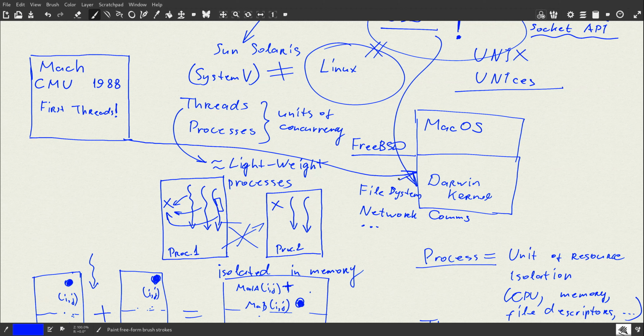So to be a little bit more precise, that's how Darwin looks like. There is an internal Mach kernel. Darwin is itself a kernel, but it is the kernel of the kernel.